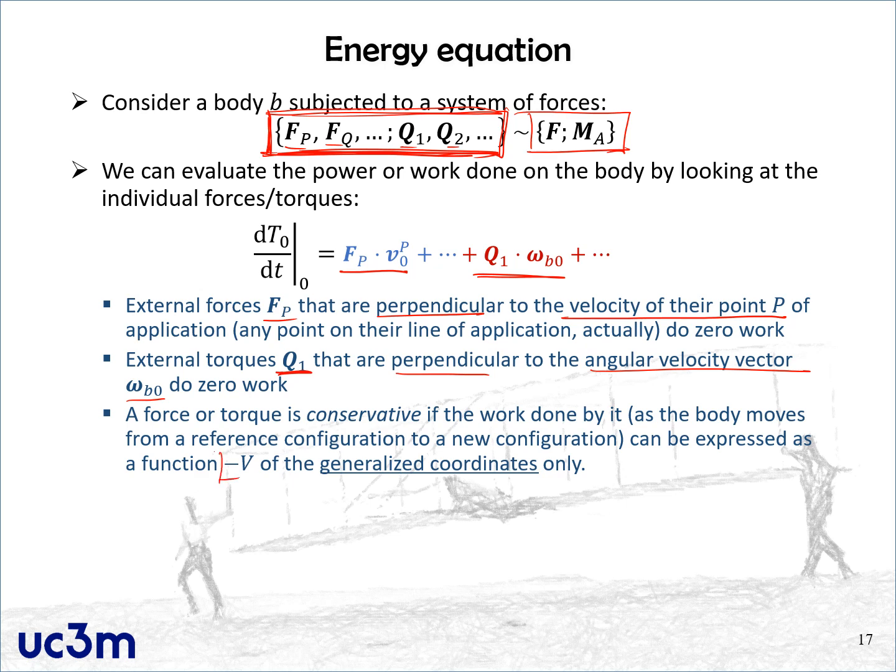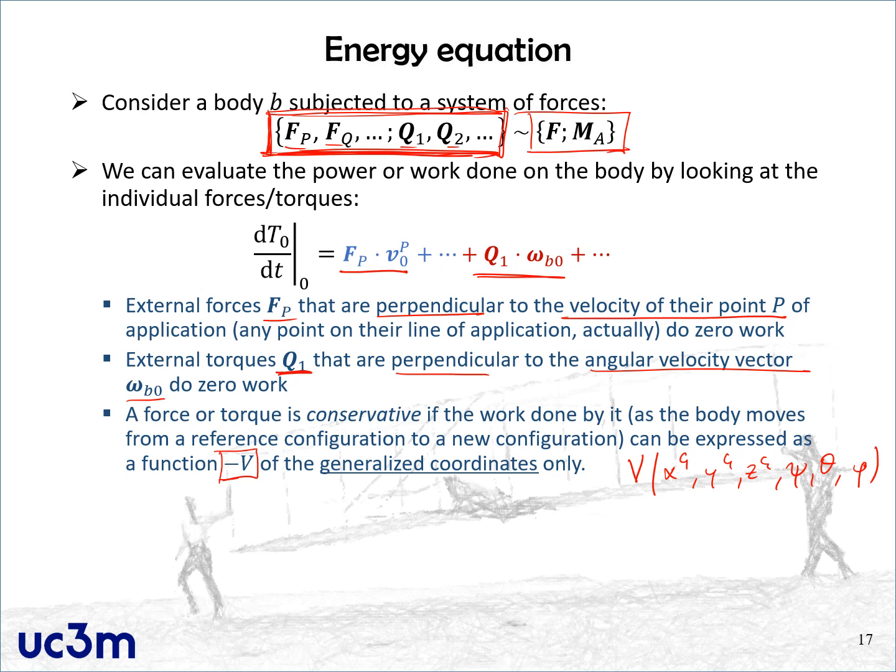We will call that function V or minus V if we want to include the sign convention into the definition. So basically, we need to have a function V of the generalized coordinates of our rigid body. Imagine that we are using the coordinates of our center of mass and the Euler angles. So in general, it will be a function of these 6 variables.